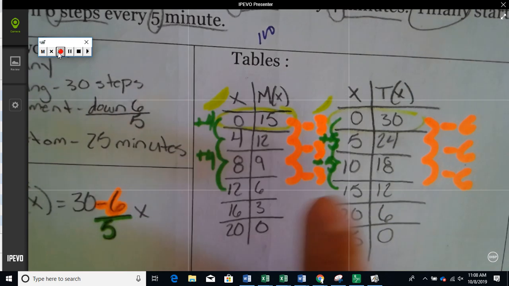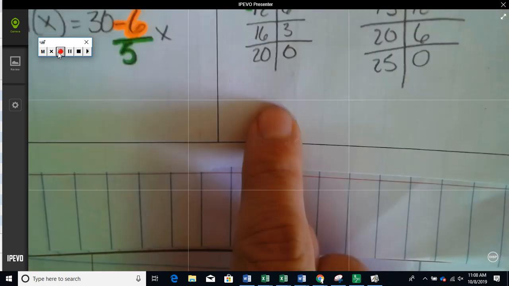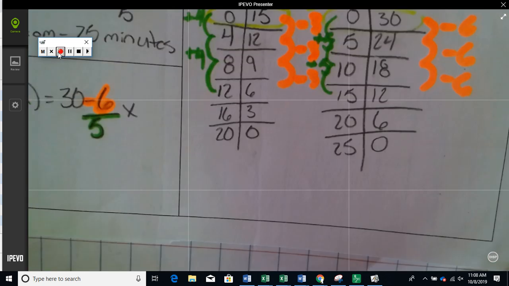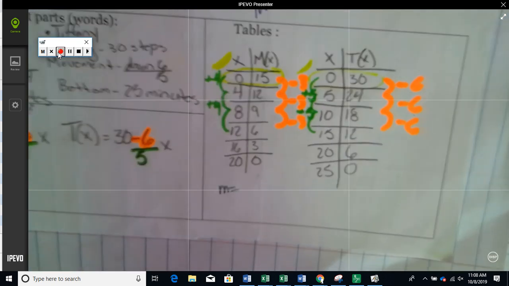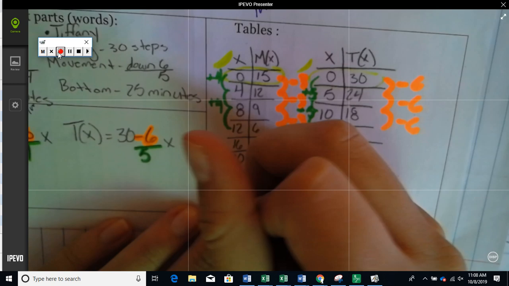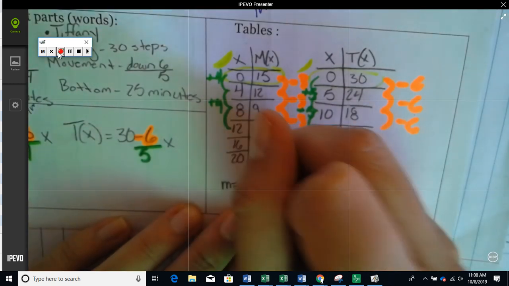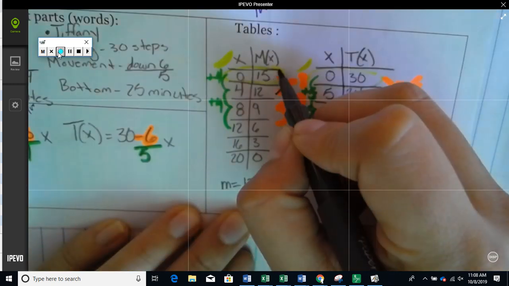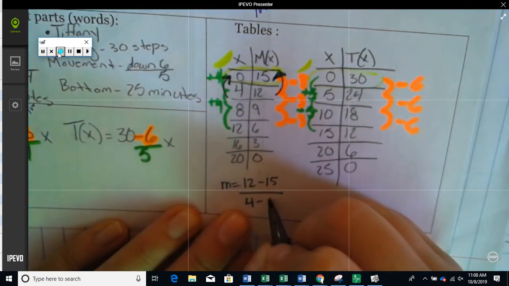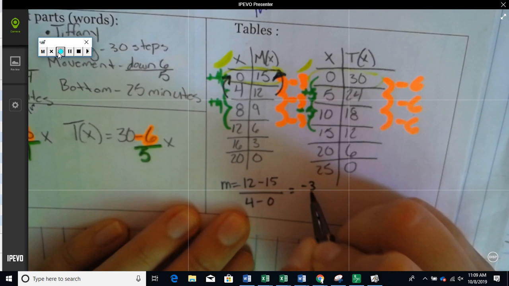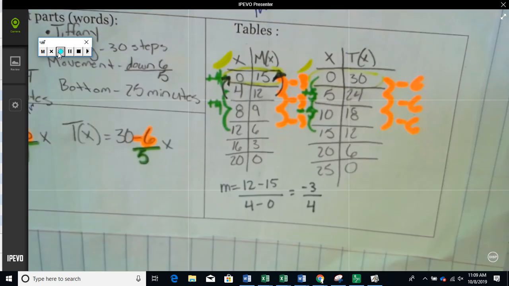I need to see this, but then at the bottom, I would need to see m equals. Please do this on your quiz. I would need to see 12 minus 15, subtracting upward, and then 4 minus 0. That's how we got the negative 3, and that's how we got the 4.